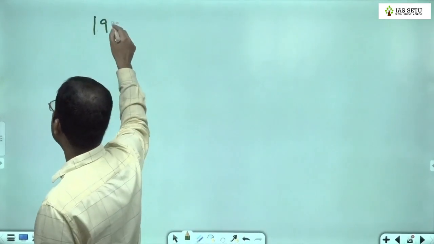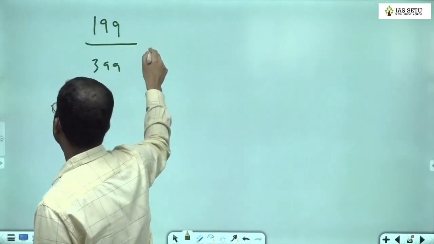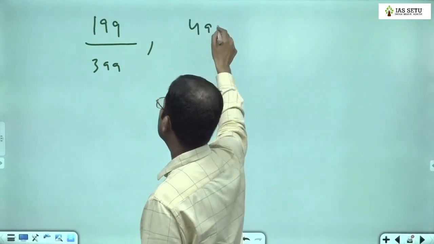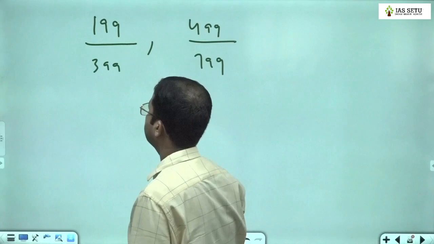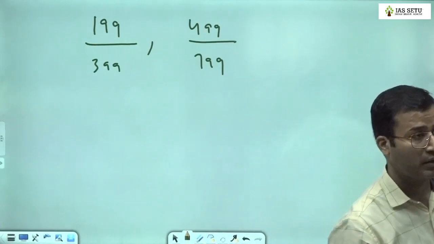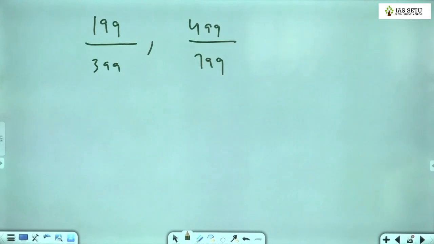Like for example 199 upon 399. ठीक है. For example 499 upon 799. Take your time. Out of these two fractions, which one is larger?